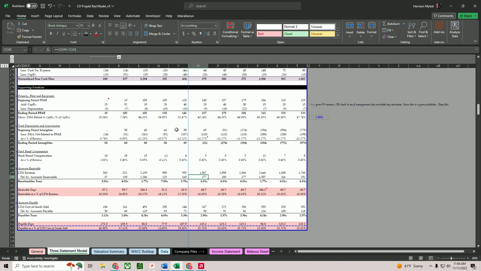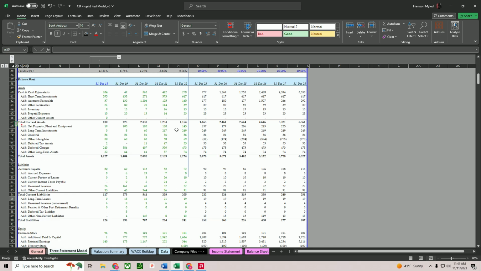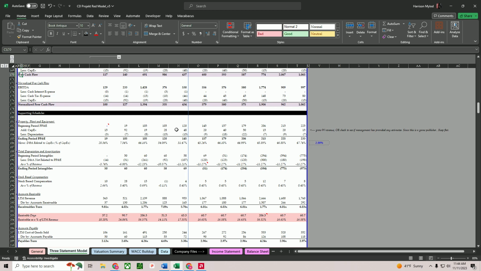But there are multiple ways to model this out, and sometimes you can actually have a trigger, a 1 or a 2 that you can enter in, maybe at the top of your model, and have different scenarios for accounts receivable. I forecast these using a receivables turn, and I keep that at a level moving forward.